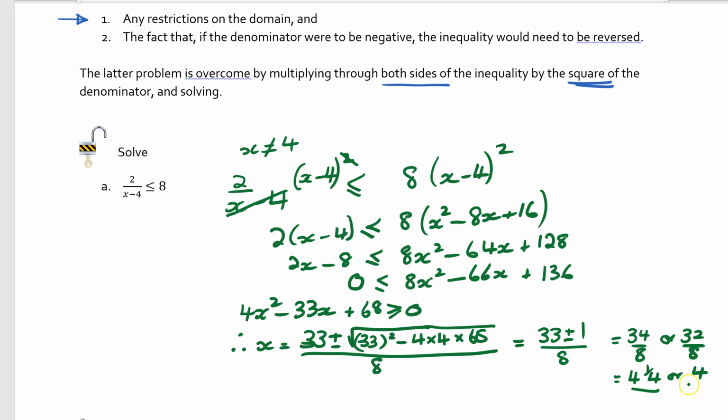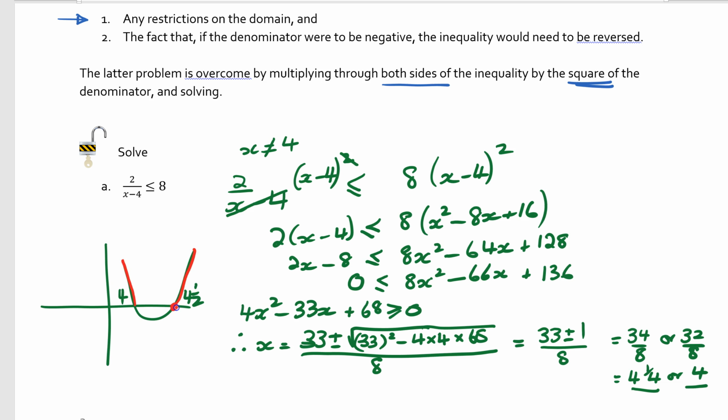The main thing is that I now have my parabola, which is cutting at 4 and 4.5. That's all I really need to know. And I want where that parabola is greater than or equal to 0. So that is up here and up here.